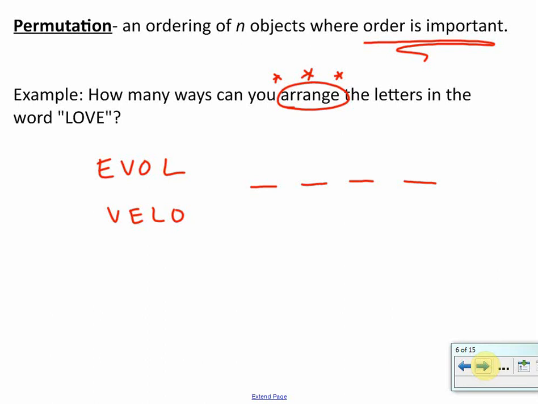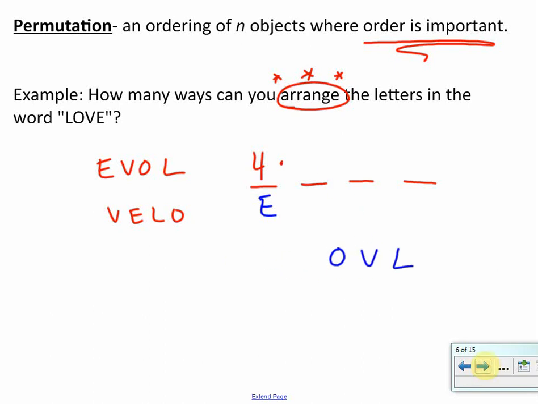So if you think about this using our fundamental counting principle, for the first letter, I can use one of 4 letters. It doesn't matter which one I choose, right? So let's say I pick an E, but I had 4 different possibilities. Now, after I've picked the first letter, I only have 3 letters left.